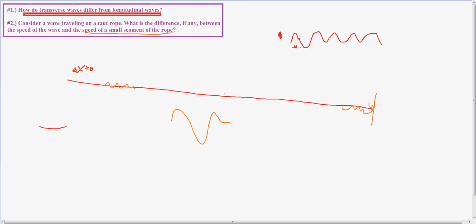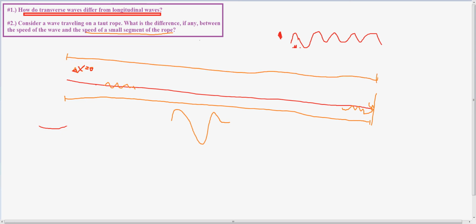But the rope actually has a net displacement of 0. The wave would have a net displacement of 0 if it came there and back, but going down, let's say this is 0 to L, it'll have a net displacement of L when it hits this wall, or if it comes back, it'll have a net displacement of 0.